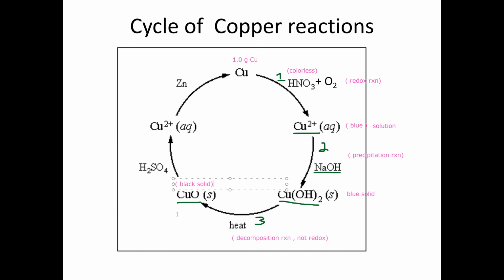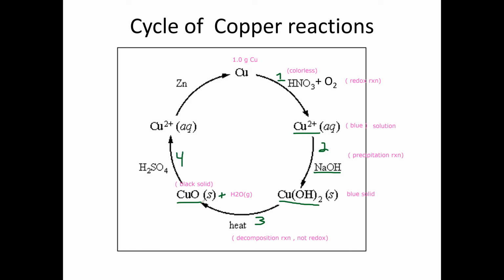And the other product that we produce, because remember we have to have 2 or more products, is water vapor. And so in step 3, we decompose copper 2 hydroxide into copper 2 oxide. So we go from a blue solid to a dark gray black solid. So that's step 3.